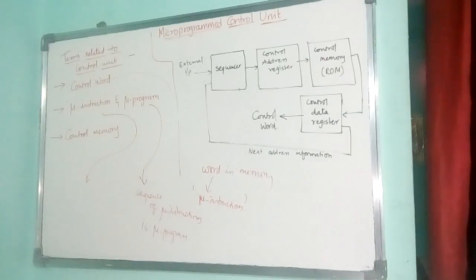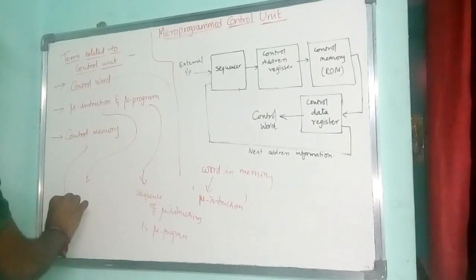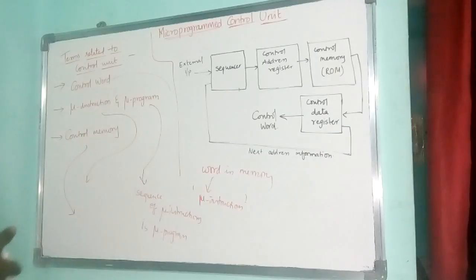Next is control memory. Simple: the memory allocated in the control unit is called the control memory.